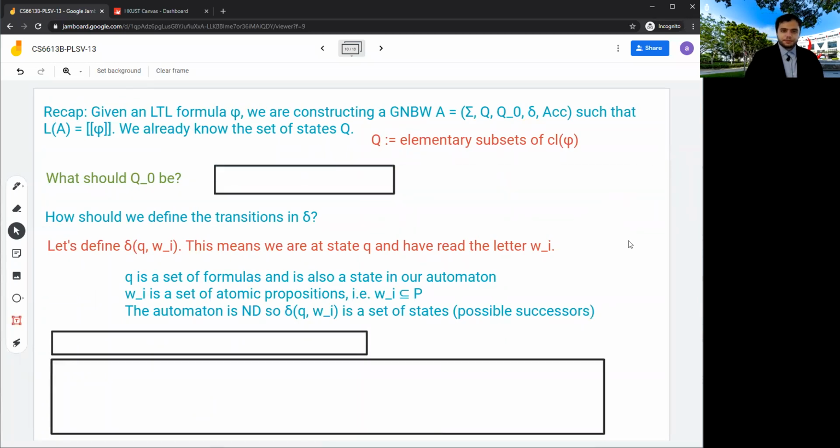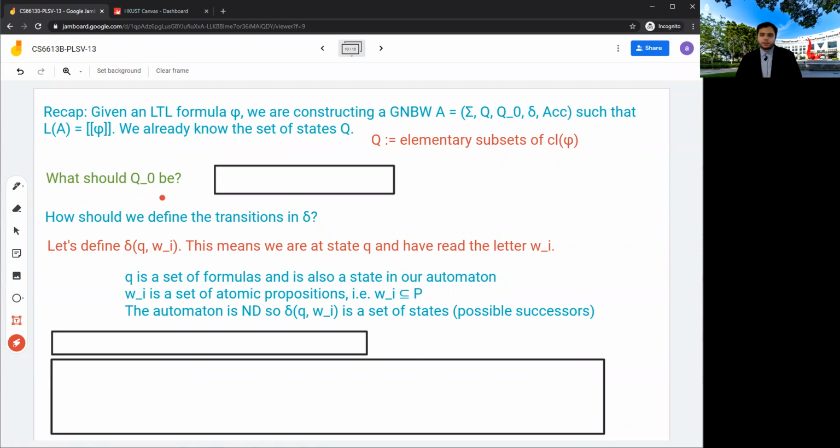But let's see. So I started with the formula. I defined my set of states. What else should I define? So I should define my alphabet. Well, the alphabet is always the same. Now I should also define my set of initial states.